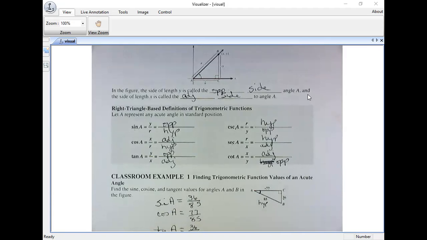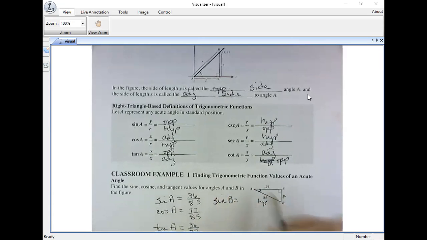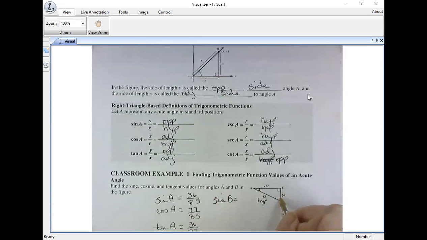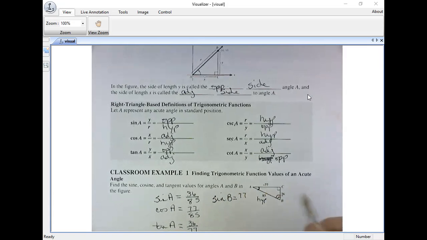Now, I want you to notice something. Let's find the sine of angle B. So instead of looking at angle A, I'm going to put 2 marks here and tell me what would be the sine of angle B. Yeah, the opposite over the hypotenuse is 77 over 85.